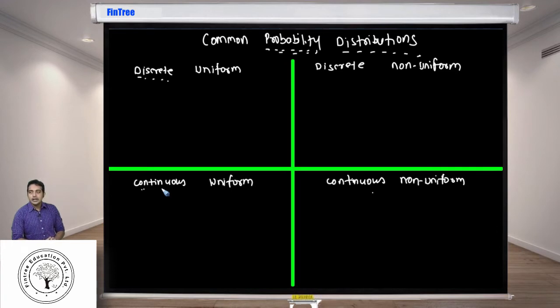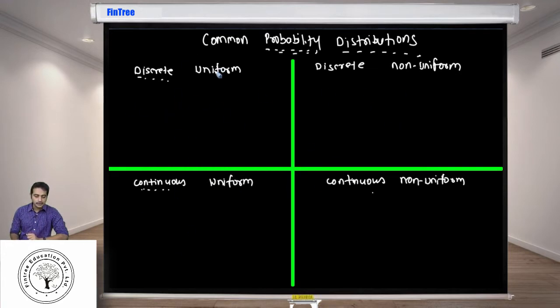Continuous. Number of days taken to finish CFA level 1 syllabus? Discrete, assuming we count them as full days. Then average amount of rainfall in a particular day? Continuous.